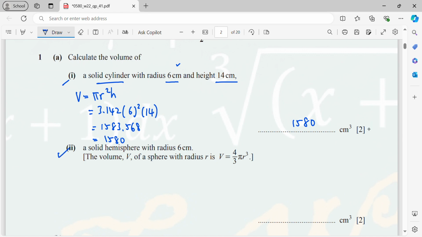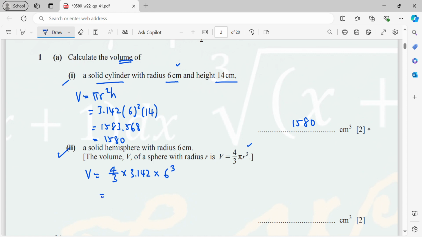Now second part, you need to calculate the volume of the solid hemisphere with radius 6 centimeters. So this is the formula. Therefore V equals 4/3 pi, where pi is 3.142, and then the r is given as 6, therefore 6 cubed.